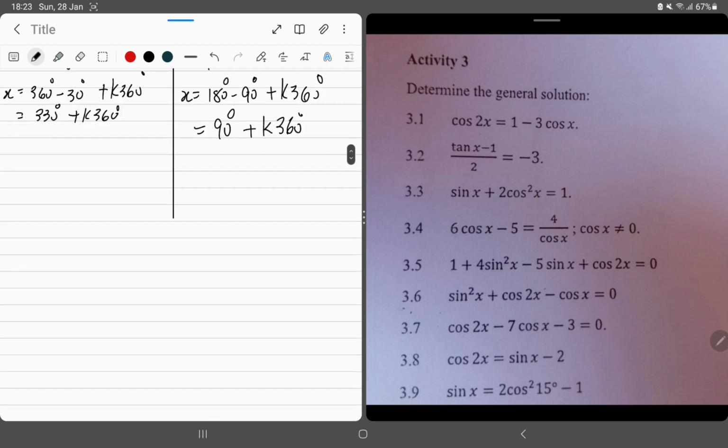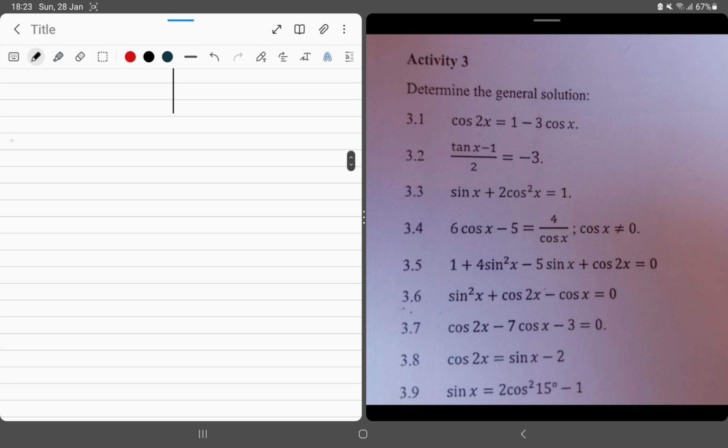3.4. This is 6 cos of x minus 5, which is equal to 4 cos of x. I'm going to multiply by cos of x on the left-hand side and the right-hand side.